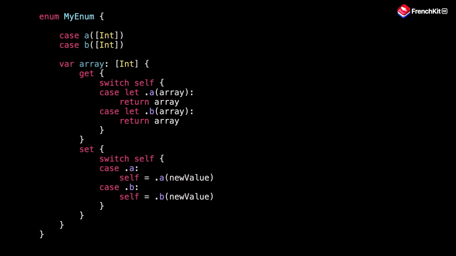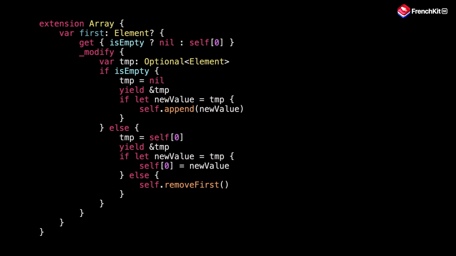Finally, to finish, I want to show you an example that shows that providing a modify accessor is not that simple. In the example I've shown you, we were only aliasing something really simple. But if you were to, for example, want to add a modify accessor to the first element of a collection, you have to think about a lot of crazy complicated cases. You have to wonder whether or not your collection is empty and do something about it.